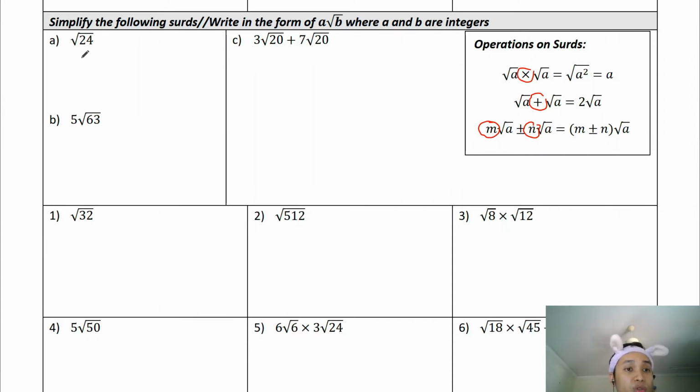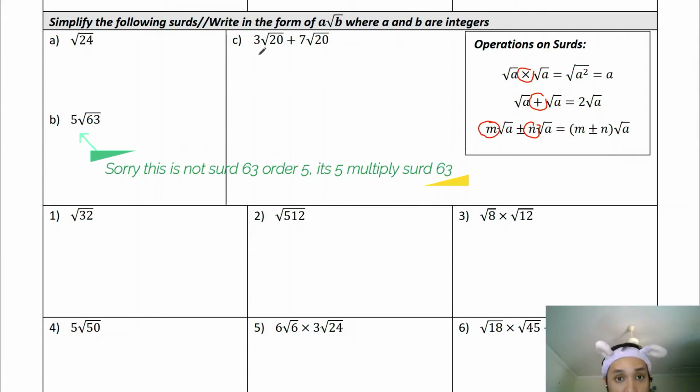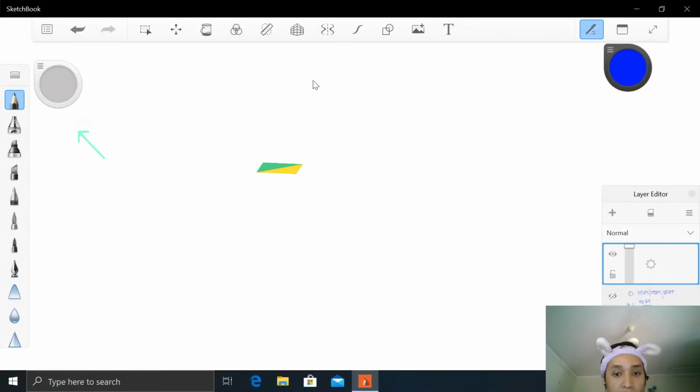I'm going to show you how I do these 3 questions: surd 24, surd 63 over 5, and this one. I'm going to show you the first one, which is surd 24. First thing you need to do is factorize the number inside.